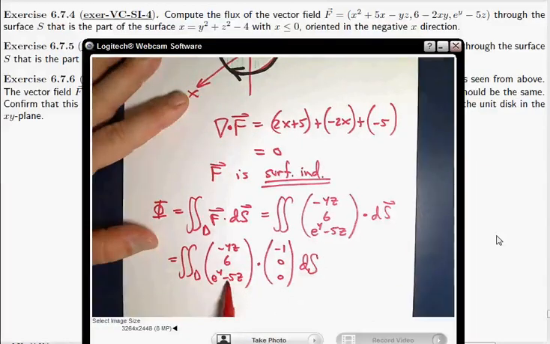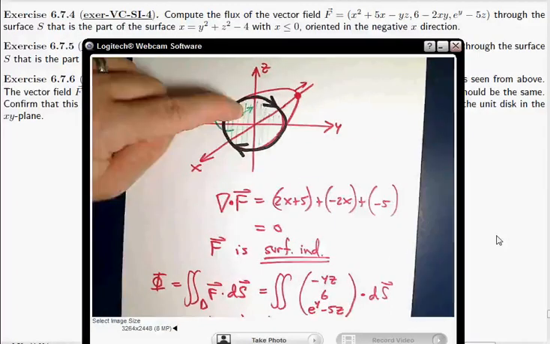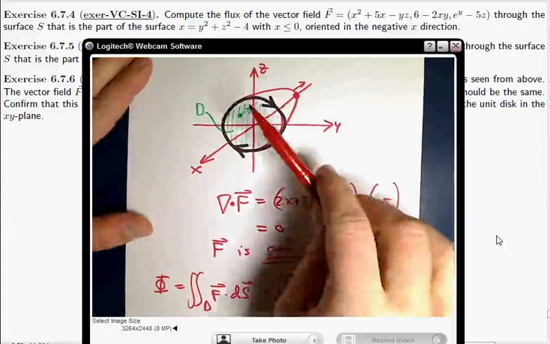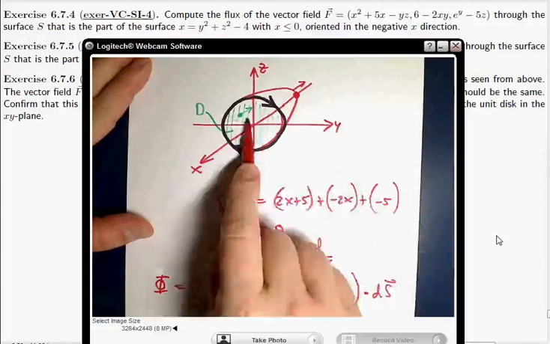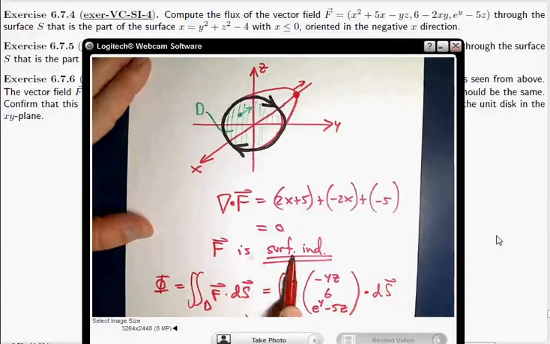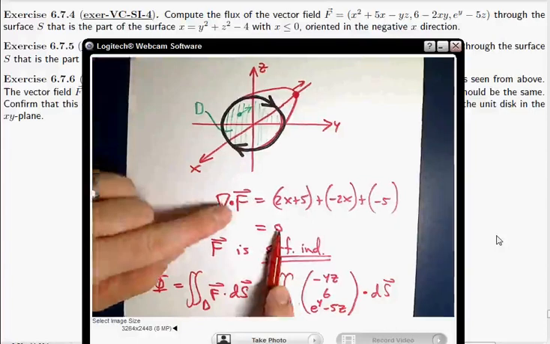So sure, that's a little ugly, but who cares? I'm multiplying it by 0. And why am I multiplying it by 0? Because I have a nice normal vector. I have a nice normal vector because I chose a nice surface, which I was allowed to do because the vector field was surface independent, which I detected because of the divergence being 0. So that's the value of doing this.